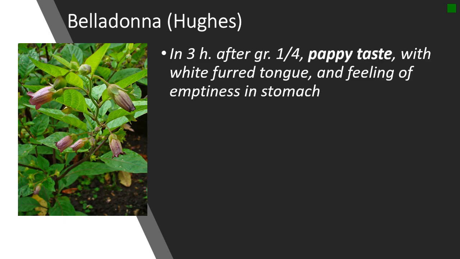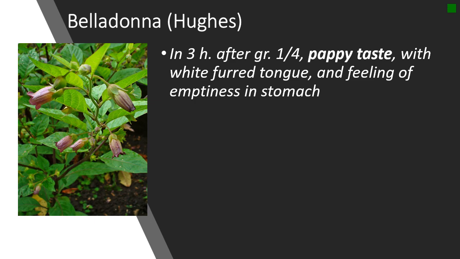If you refer to this book, it says here that the prover, 3 hours after taking a quarter grain, had a pappy taste, which means a distorted taste in his mouth, with white furred tongue and a feeling of emptiness in the stomach.